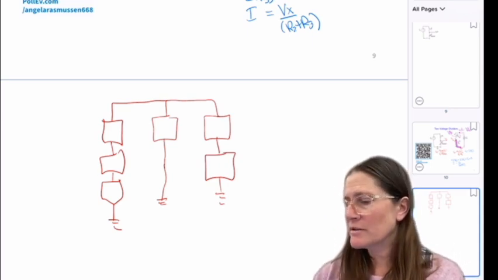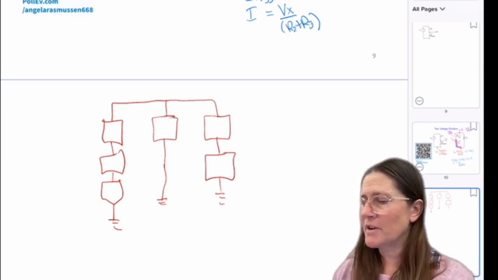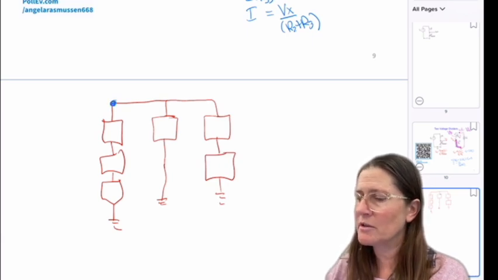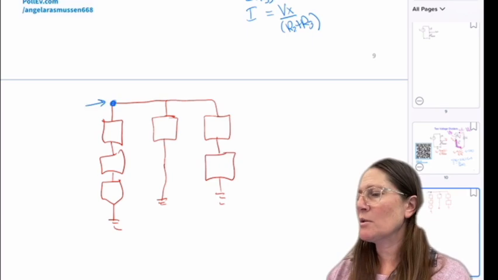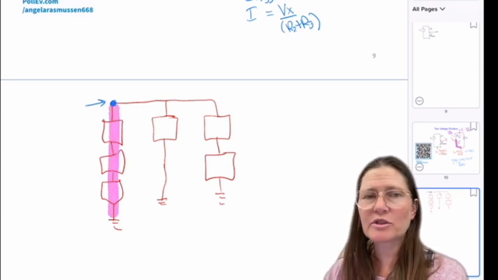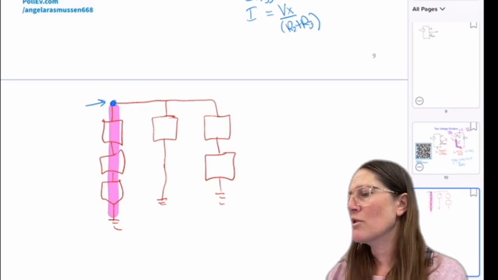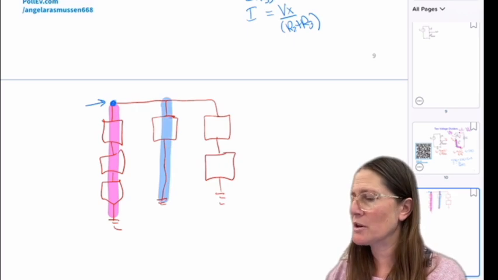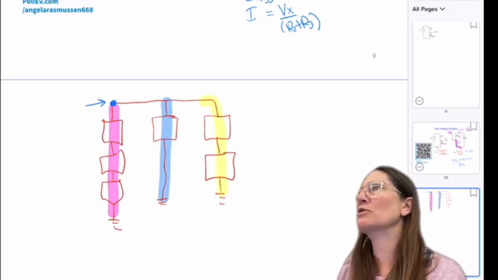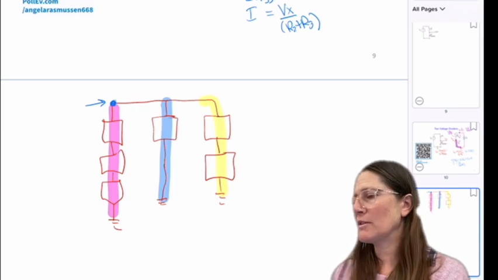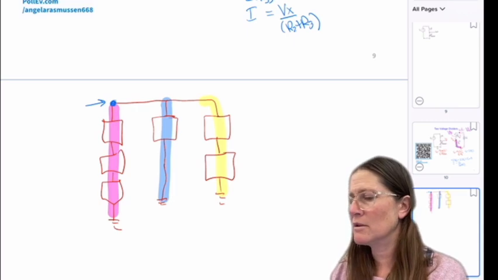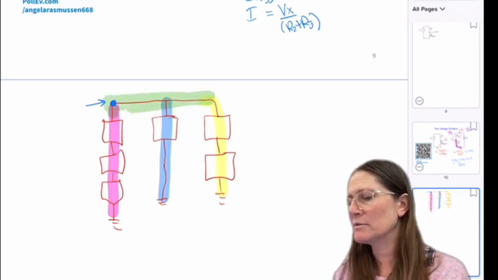If I am trying to find the voltage here, it can be either the sum of the voltages in this branch, or the sum of the voltages in that branch, or the sum of the voltages in this branch, because this is all the same node up here.